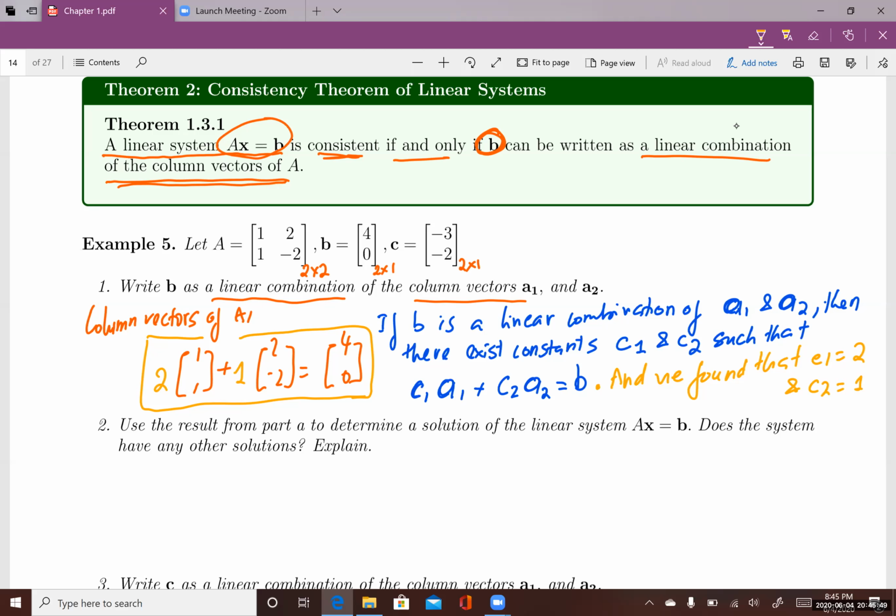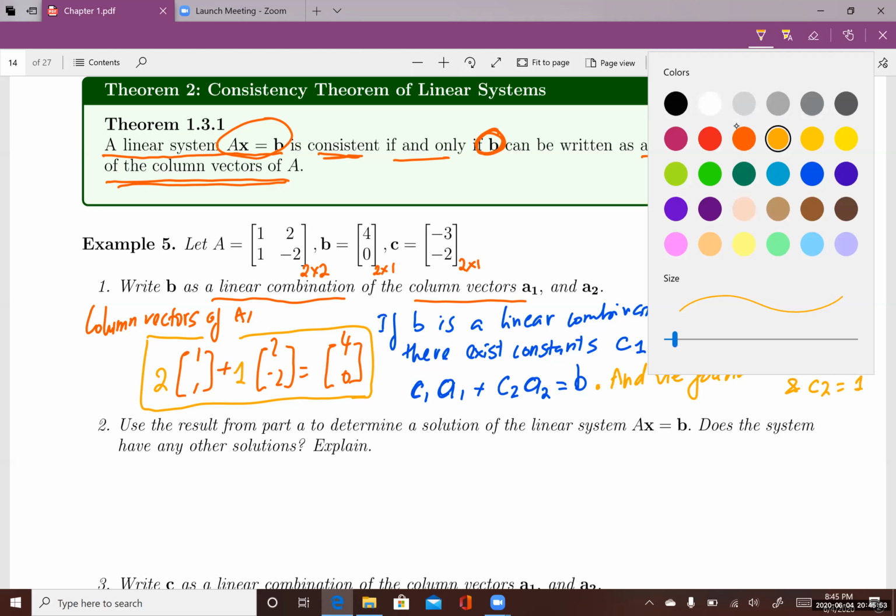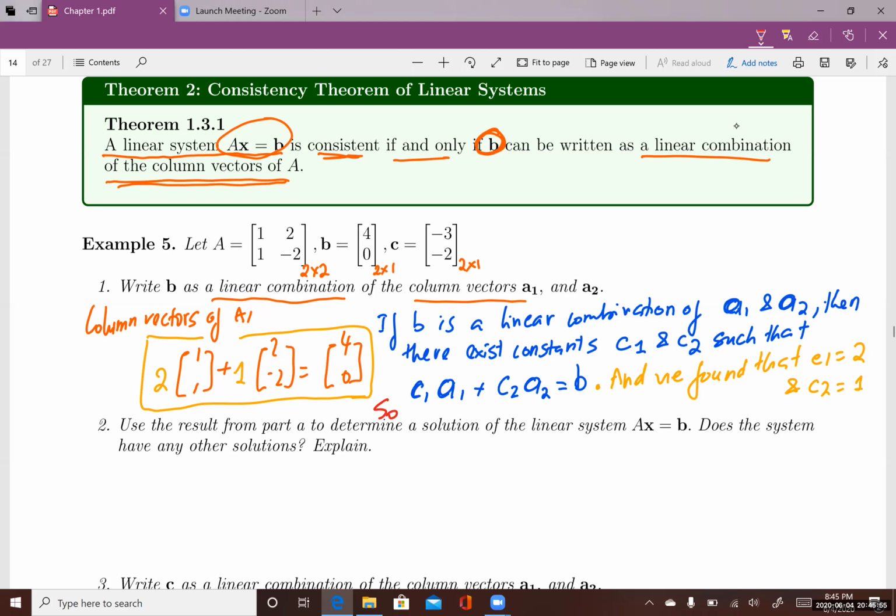So that means B equals 2A1 plus 1A2 is your solution. So B equals 2A1 plus 1A2 is the answer for part A: write B as a linear combination of the column vectors A1 and A2.